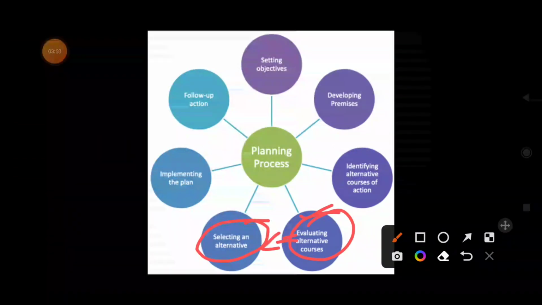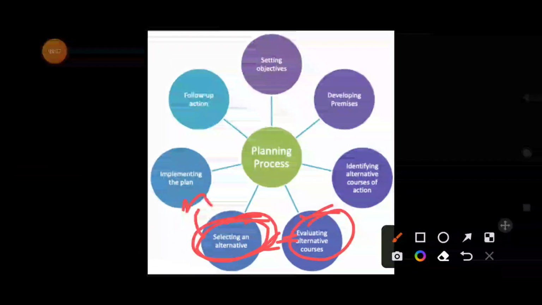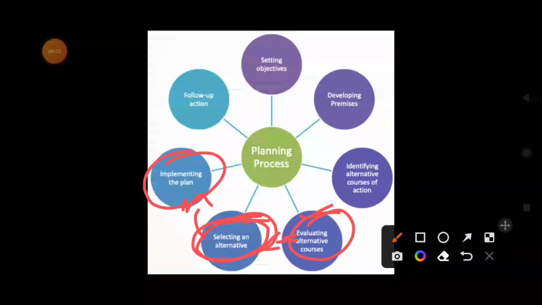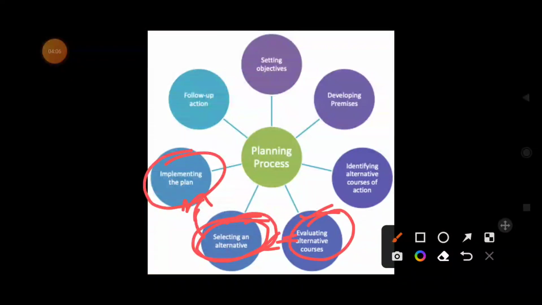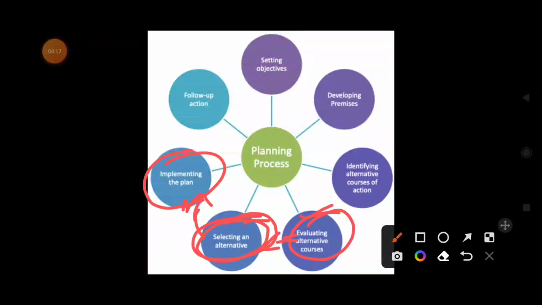On the basis of that, selection will be made. So selecting the best alternative, then implementing the plan. Implementation of whatever plan is there, that we need to implement. Okay, that is execution of the plan by the lower and middle level management, right?